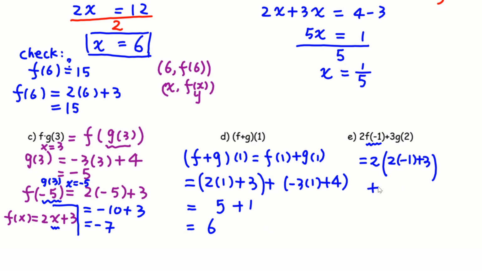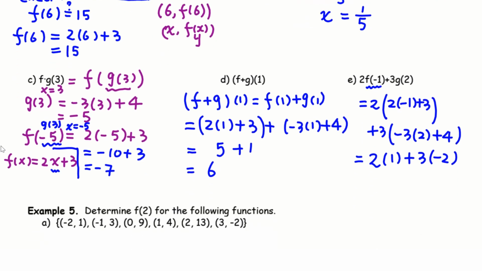So plus 3, then times g at 2, -3 times 2 plus 4. Then we have 2 times -2 plus 3 is 1, plus 3 times -6 plus 4 is -2.